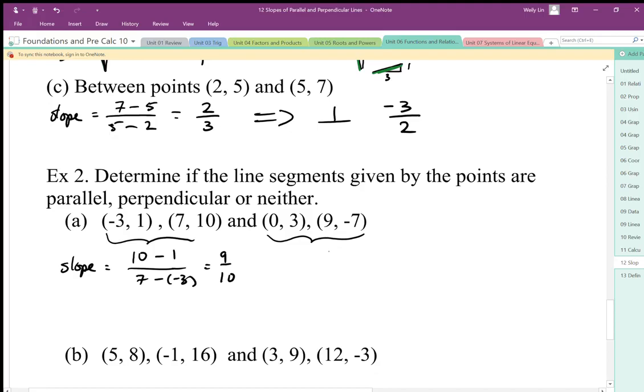The slope here is the change in y over the change in x, so negative 10 over 9. Taking a look at these slopes, they are reciprocals and opposite signs of each other. They are perpendicular.